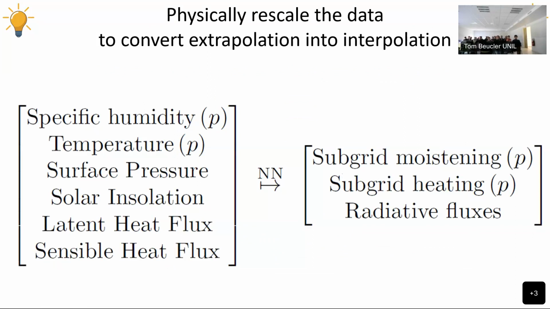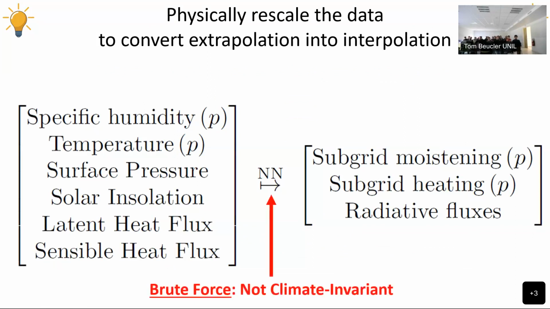And what we saw is that if we brute force it, this mapping is not what we would call climate invariant. So that function is not the same in the cold climate and the warm climate, and that's the reason why you get the generalization error.